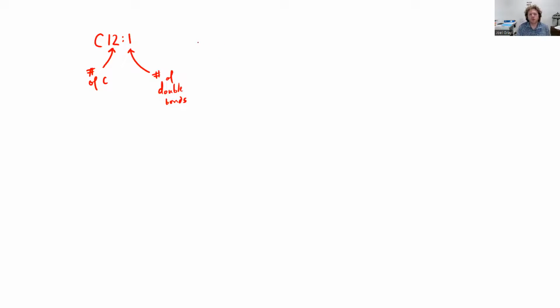However, there are two different naming schemes that are commonly used. One is the omega or N scheme, and the other is the delta system. I would like to draw a fatty acid where we can see a 12 carbon long fatty acid with a single double bond.